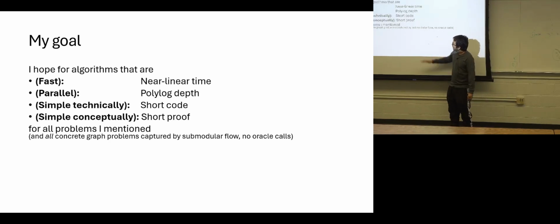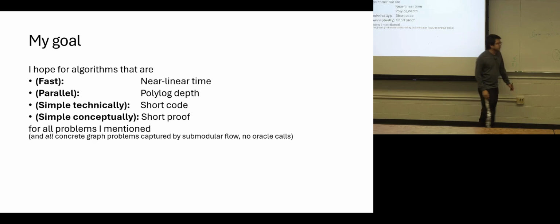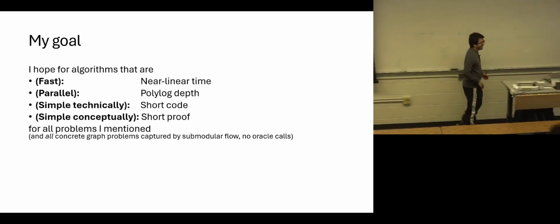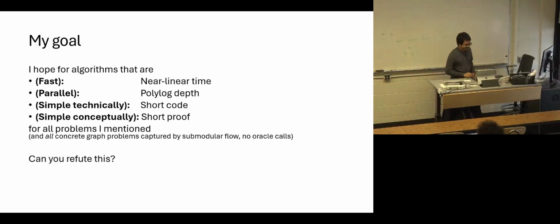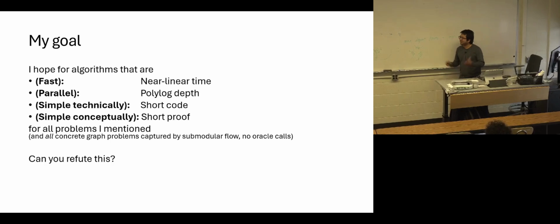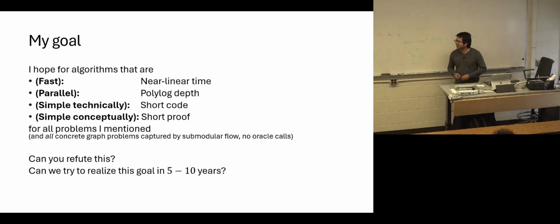And any concrete graph problem that can be captured by submodular flow, I think it's possible. That's the hope. So can you refute this? That might be interesting for me. And if not, maybe we can try to achieve it.